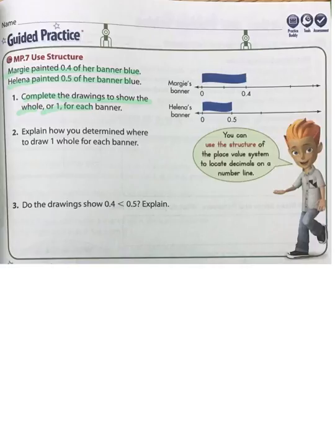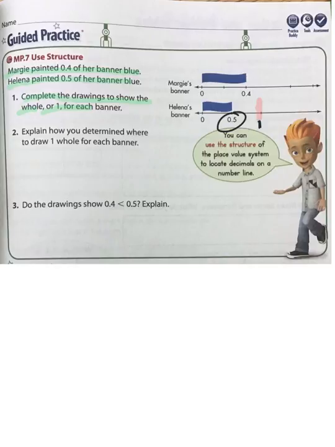And on the second one, 5/10 is half. So I'm going to do Helena's banner first because I think it's going to be easier to see the whole. Since 5/10 is half, then I know that 1 whole is going to be right here. I'm going to label that with a 1 because that 5/10 right here would be halfway between 0 and 1.